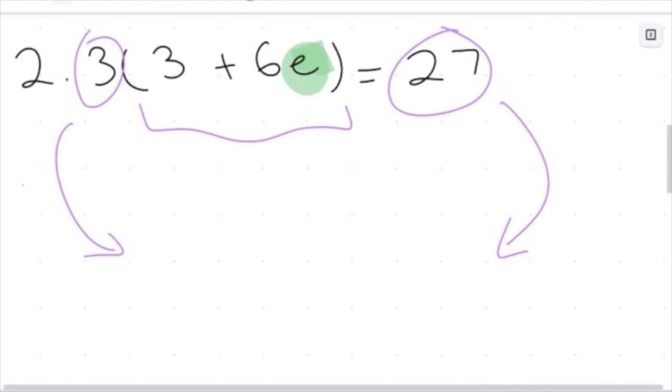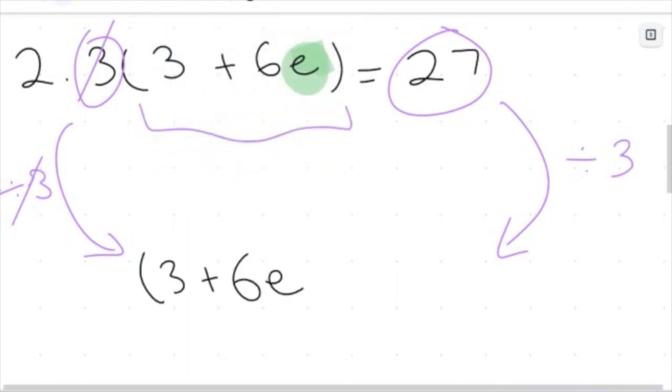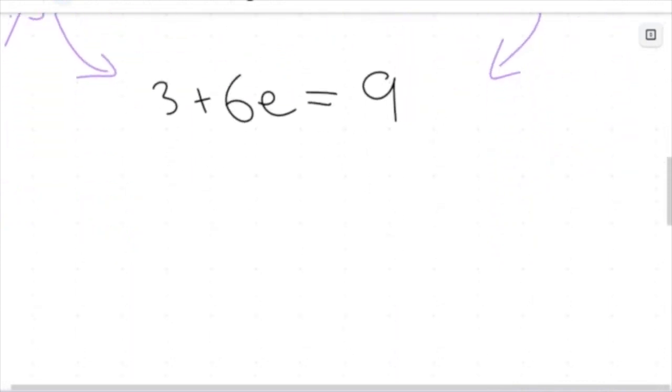But I'm going to once again do the opposite of multiplying by 3 to undo this. That gives me, on the left-hand side, 3 plus 6e. Sorry, I don't need this bracket anymore. 3 plus 6e equals 27 divided by 3, which is 9.